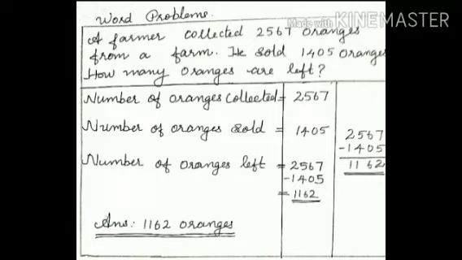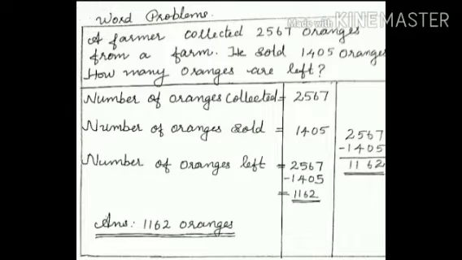So how much? 1,405. Then the last step we have to write is number of oranges left. That is, we have to find the number of oranges left with him. So for finding the number of oranges left, we have to subtract.